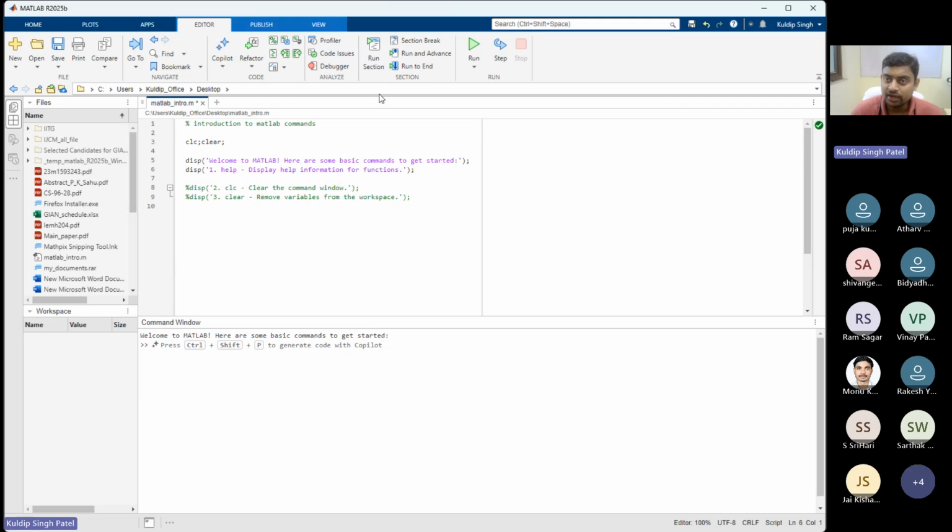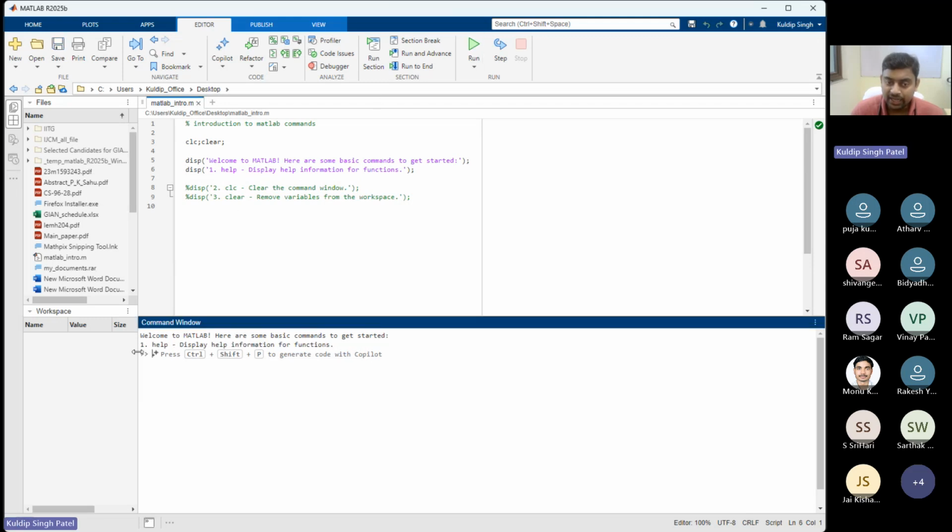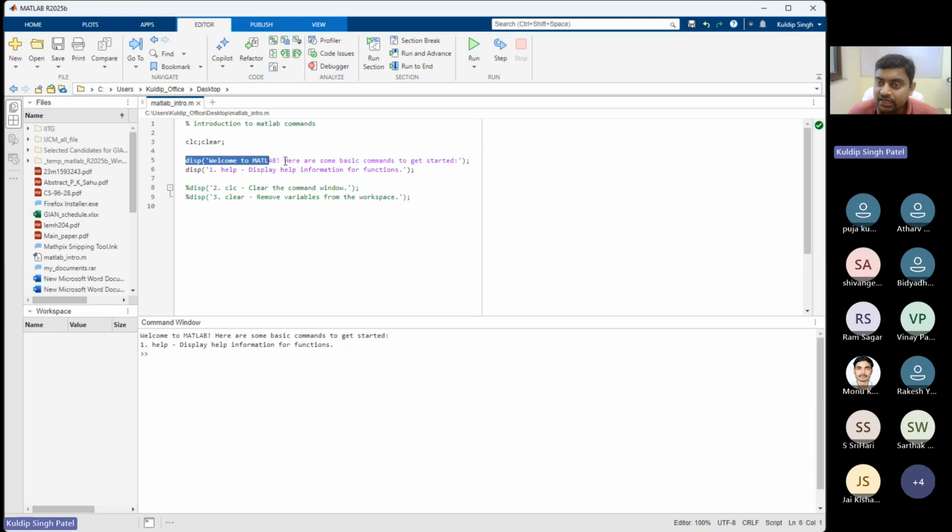And this one, what is it? Help, display help information for the function. So whatever we want to display on the command window, we can write here.